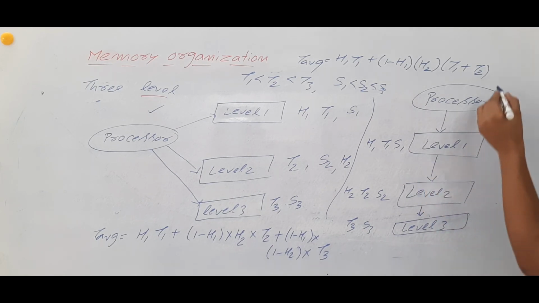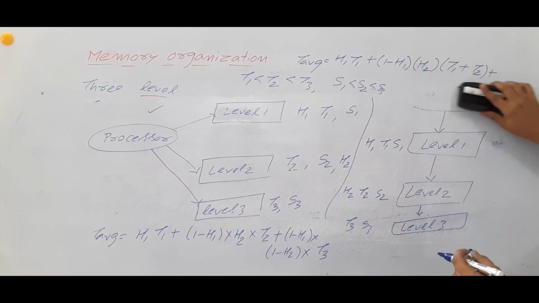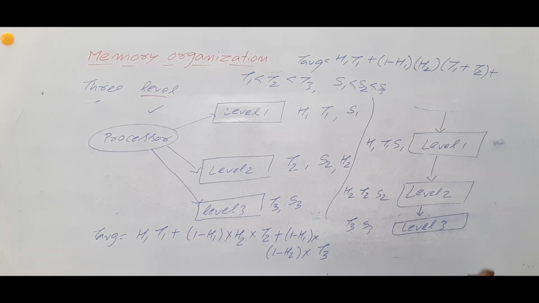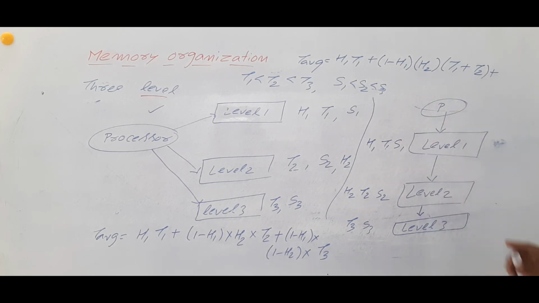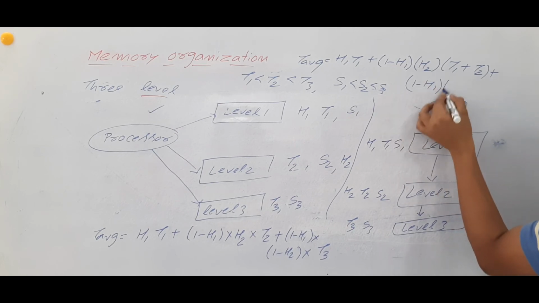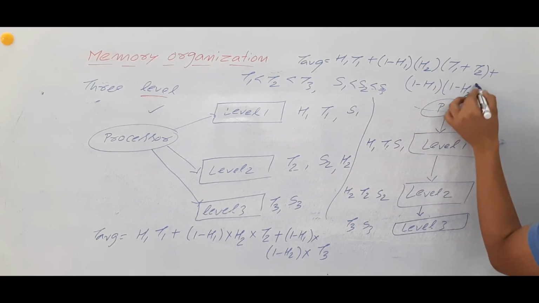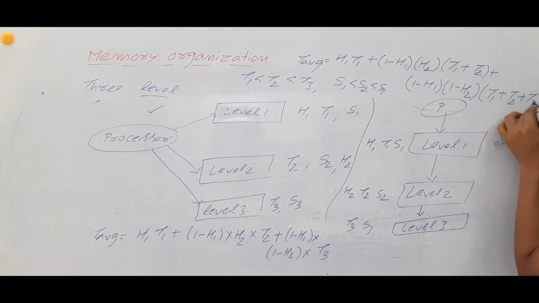If it is not available in both cases, then let me erase this. I hope you understood that there will be a processor. Let me write, you have a processor P. Plus 1 minus H1 into 1 minus H2 into T1 plus T2 plus T3.